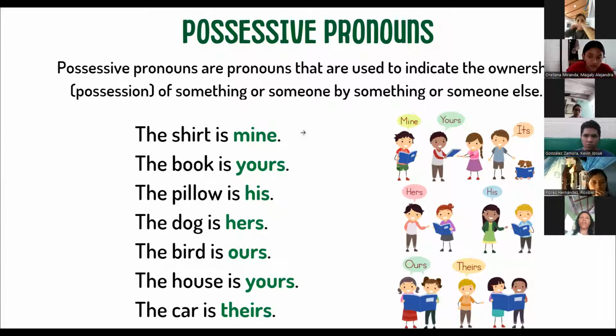That's the difference in Spanish between the possessive adjective and the possessive pronoun. If I say the book is yours, el libro es tuyo, right? Y si yo digo, this is your book, este es tu libro, okay?